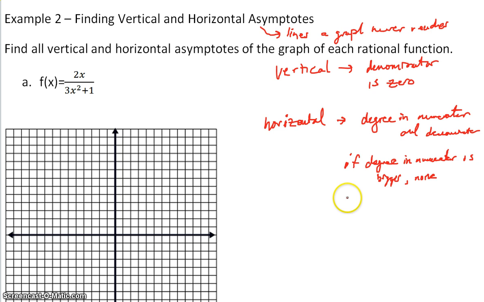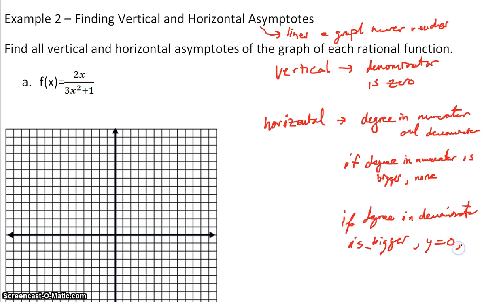Okay? There is no horizontal asymptote if the degree in the numerator is bigger. If the degree in the denominator is bigger, then the line y equals 0 is your horizontal asymptote.